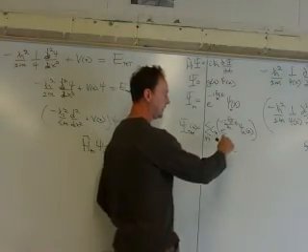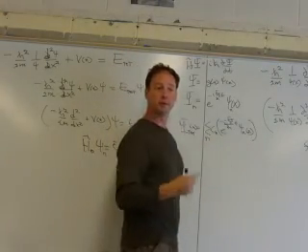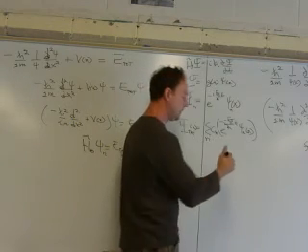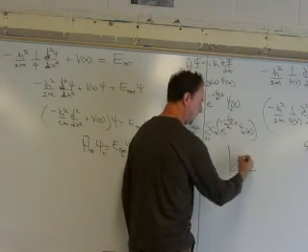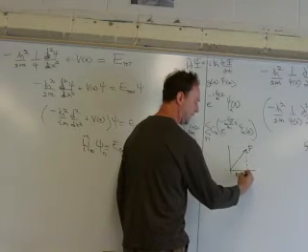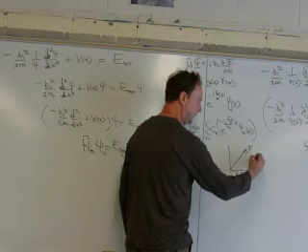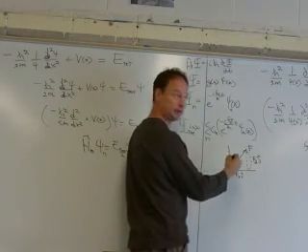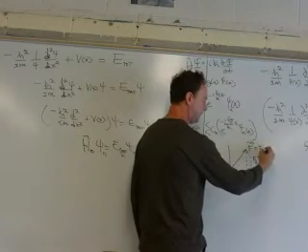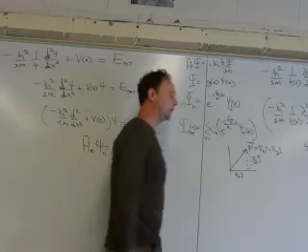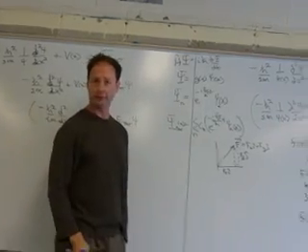Remember what I said? These things have all the properties of bases, like i hat, j hat, and k hat. So in vector space, if you had f, you would have f of x in the i hat direction, and then f of y in the j hat direction. Right? With this vector f equals f of x in the i hat plus f of y in the j hat. Everybody agree?